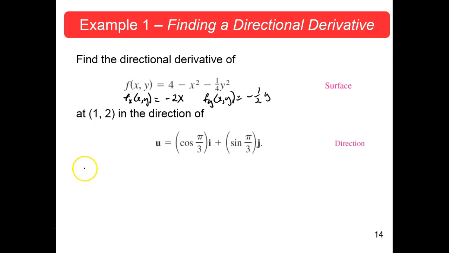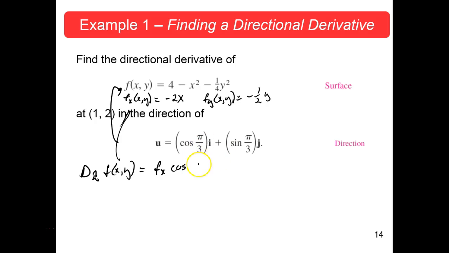Okay? So the directional derivative in the direction of this unit vector u, of this function f of x, y that we have here, is going to be the partial of f with respect to x times cosine. It's going to be negative 2x, right? It's negative 2x. Okay, and we're going to put that in just a minute.